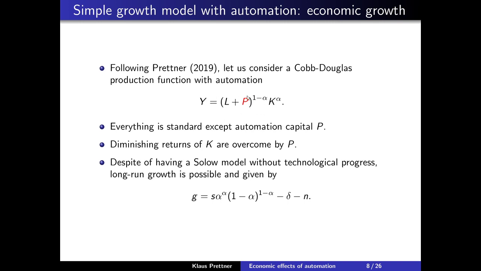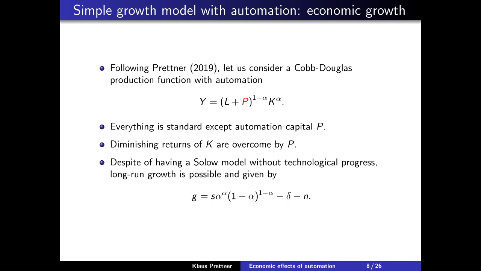And therefore I introduced this additional production factor, and everything else is standard except for the automation capital. And we see here immediately that this automation capital actually leads to a situation where the diminishing returns of traditional physical capital can be overcome by the accumulation of automation capital.